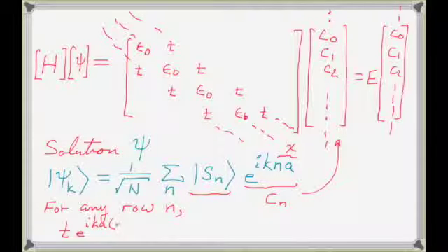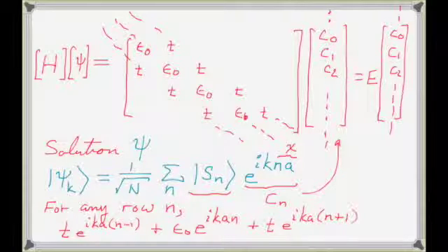times e to the i k a times n minus 1, plus epsilon 0 times e to the i k a n, plus t e to the i k a n plus 1. So for any row n, that's what you get when you do that matrix vector multiplication.